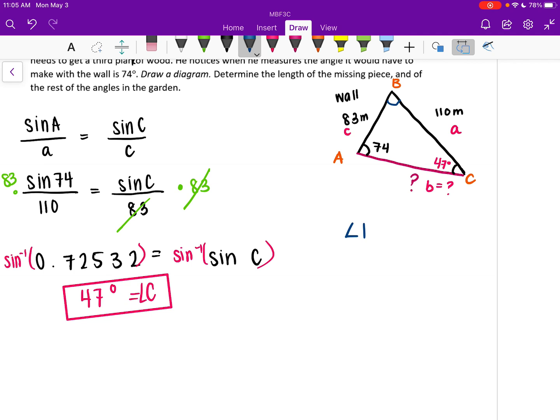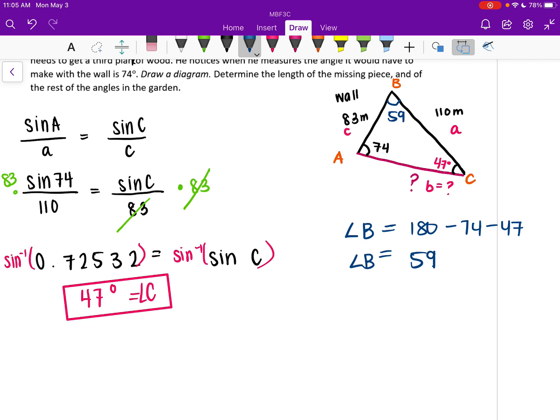So I'm going to say angle B is equal to 180 minus 74 minus 47, right? So 180 minus 74 minus 47 is going to give me 59. And now that I have angle B, and I have side A, and I have angle C, angle A, I now have enough information to find out what side B is, right?